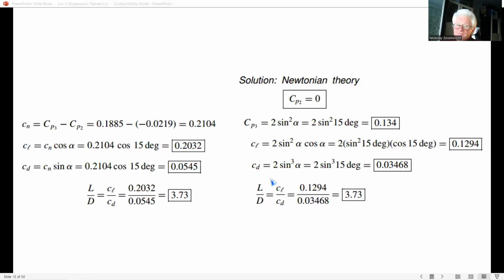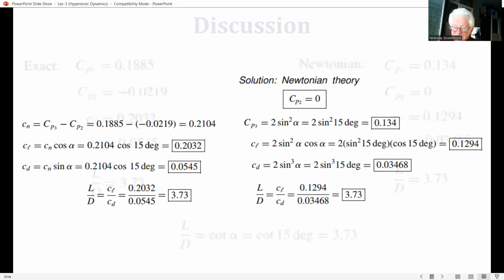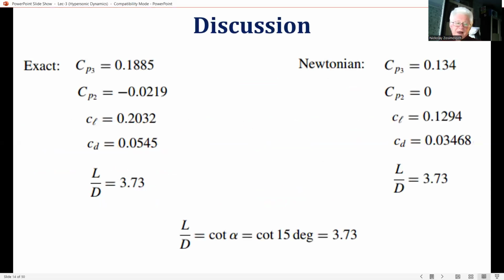For example, for the pressure coefficient at the bottom surface of the plate, we have the following. Let's see next. We have the exact CP3 with this value. In Newtonian, we have CP3 a bit different, 0.134.